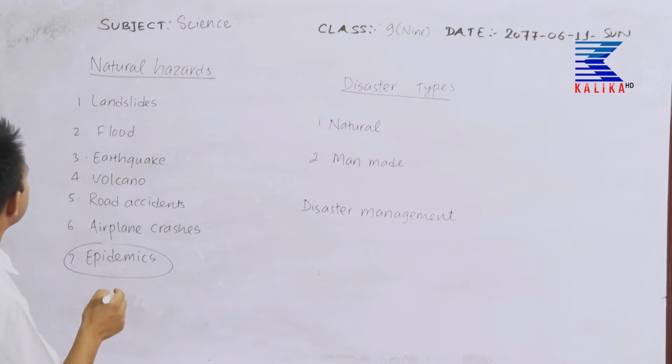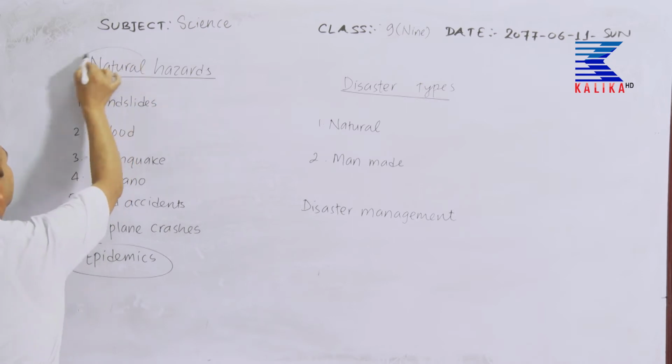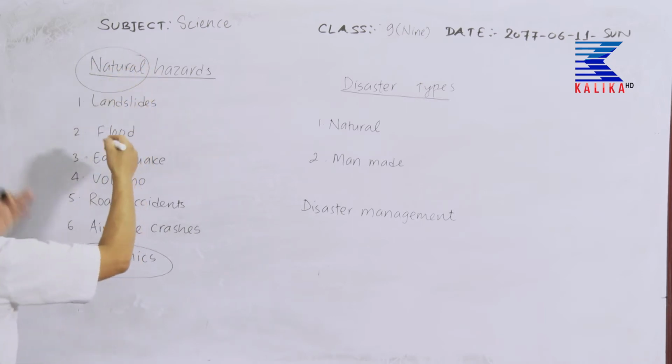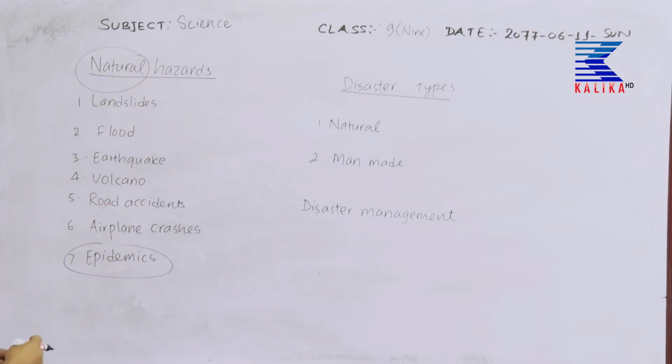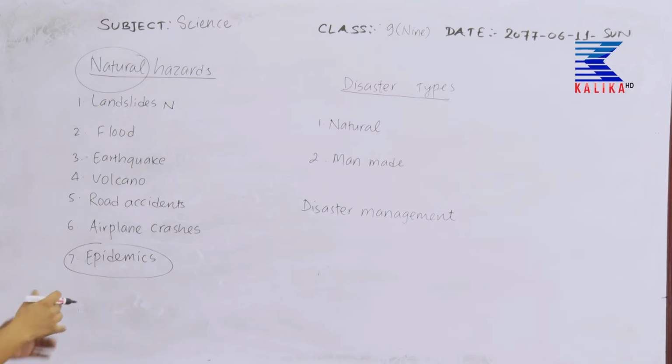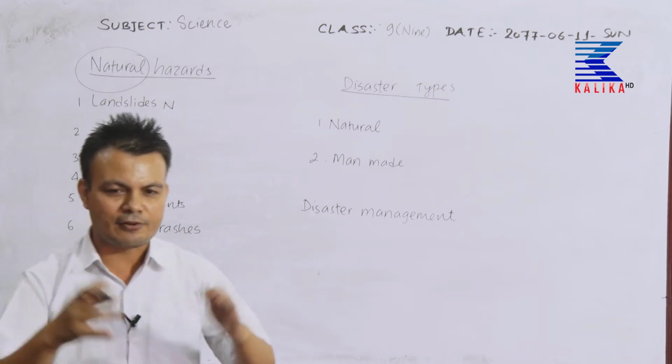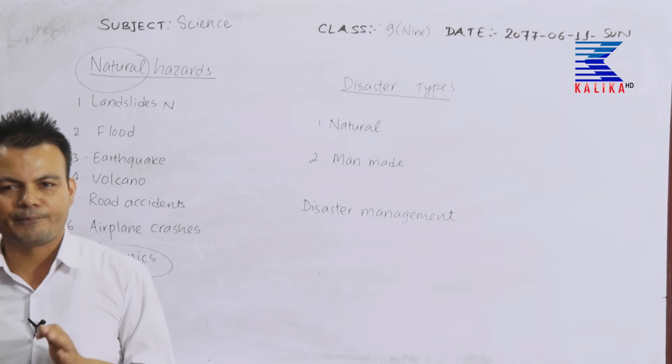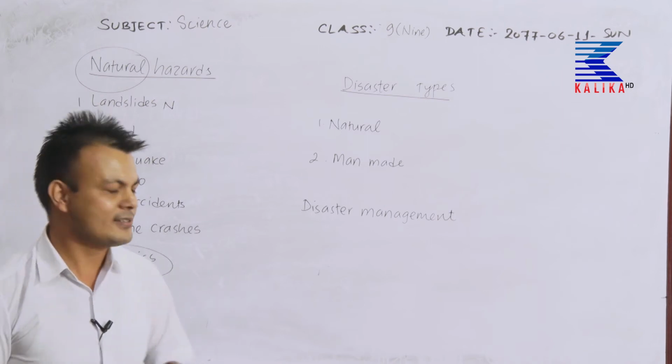So basically we talked about the hazard here, but the hazards are of two types, natural hazards and man-made hazards. Landslides are natural, sometimes they can be man-made as well, because when they dig the earth they may cause landslides.